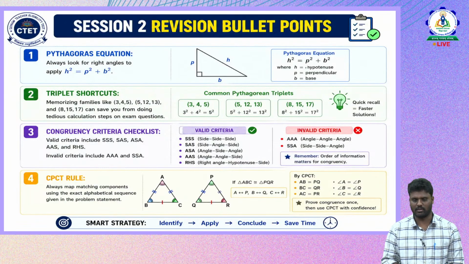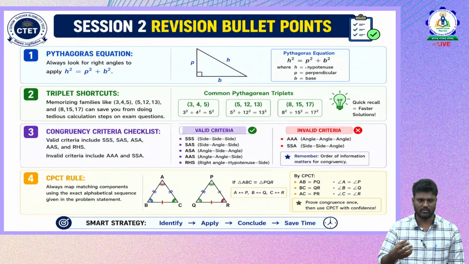We need to map in triangle ABC and triangle PQR whether A corresponds to P, B corresponds to Q, and C corresponds to R, and whether angle A corresponds to angle P, angle B to angle Q, and angle C to angle R. So based on the given triangles, we can identify whether they are congruent or equal or not. So identify, apply, and remember these formulas.